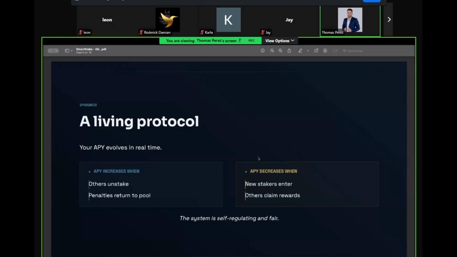If penalties are generated, the pool grows. If rewards are claimed, the pool shrinks. So instead of a fixed yield, you have a dynamic ecosystem. And that's why two users in the same tier can experience very different outcomes over time.